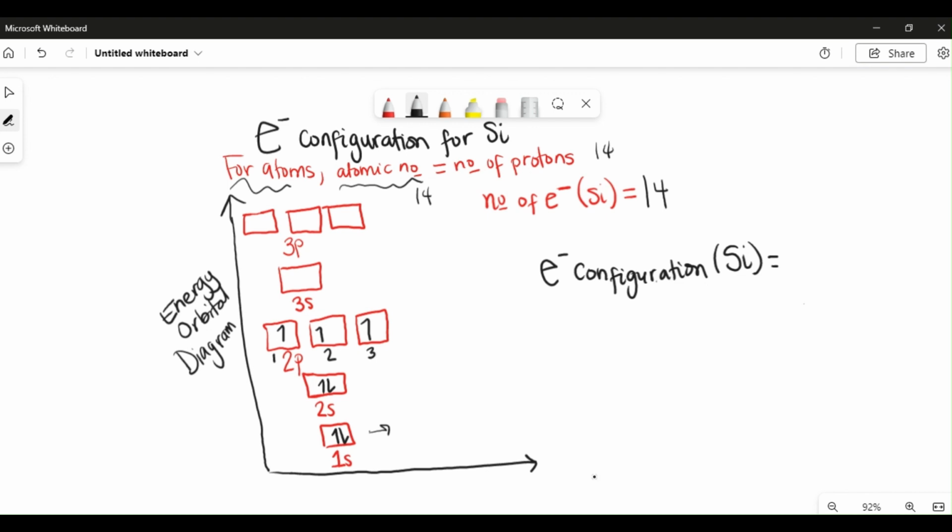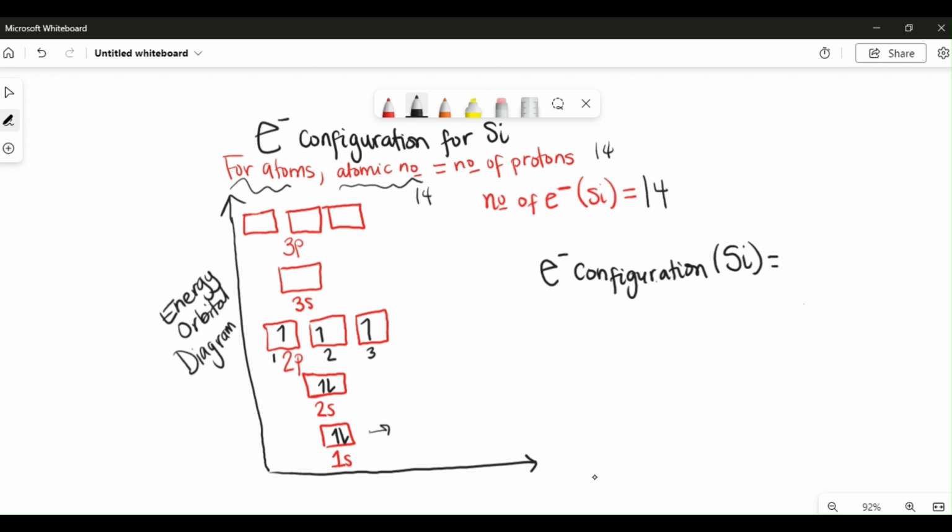So before you can pair up, you have to fill up each one of them first, because since electrons are negatively charged, putting 2 electrons in one box is not a good idea, because they are both negatively charged, so they repel each other, causing energy destabilization. So it's best for you to put them in different boxes before you pair them up. So we filled 7.